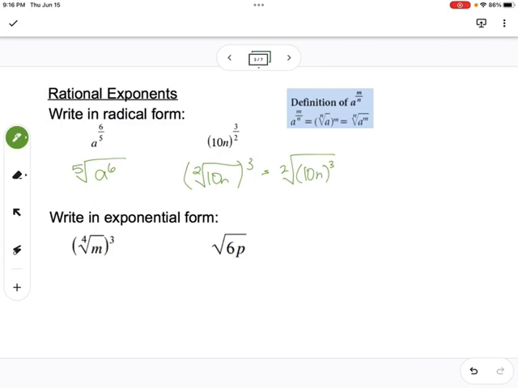Now, if we want to write in exponential form, we are going to take this radical form, the exponent here is going to be the numerator, the one outside the root is going to be the denominator. So m to the 3 over 4.